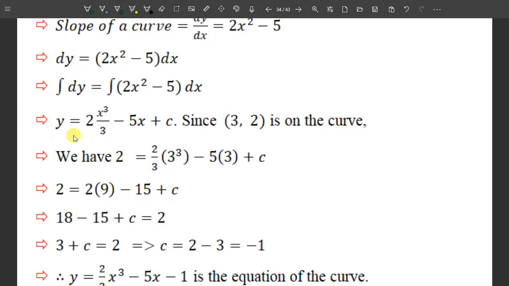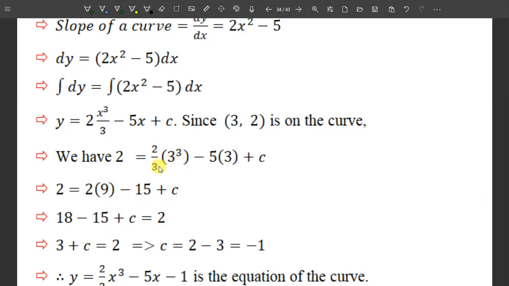In place of y, replace y by 2, and that is equal to 2 over 3 times x cubed, with x replaced by 3, so 3 cubed, minus 5 times 3, plus the constant c, which we are going to find. This implies 3 cubed is 27.